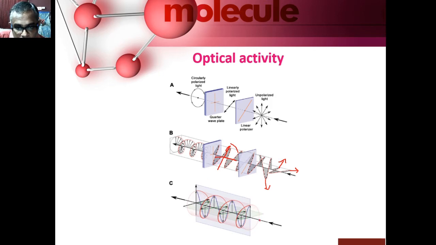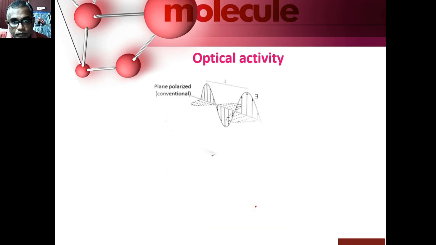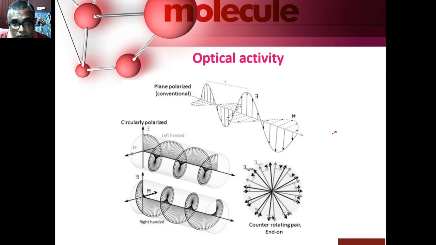In a circularly polarized light, you can see the electrical vector and the magnetic vector moving in a circular direction. So let us have a close look at the plane polarized light and a circularly polarized light.